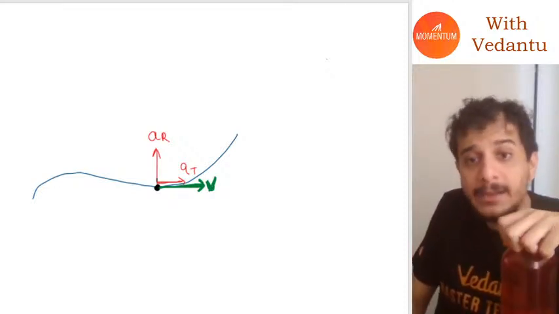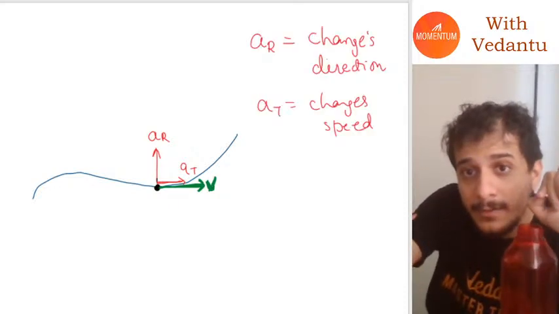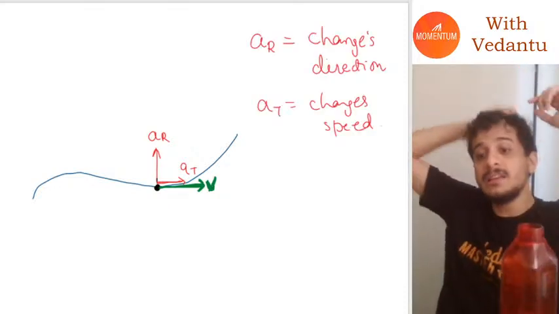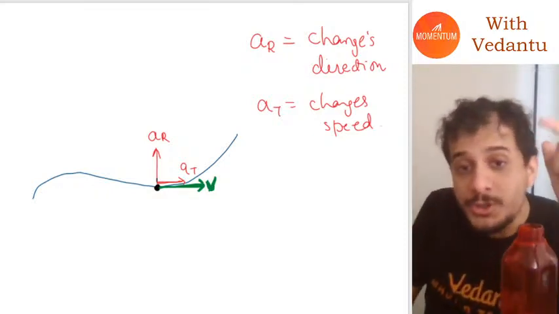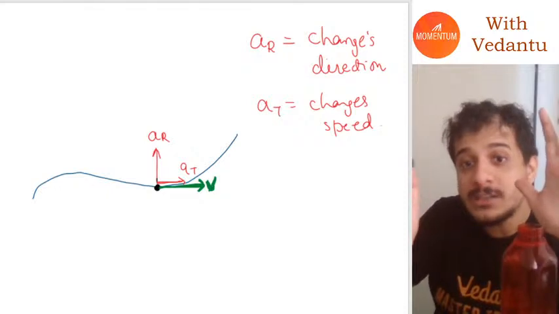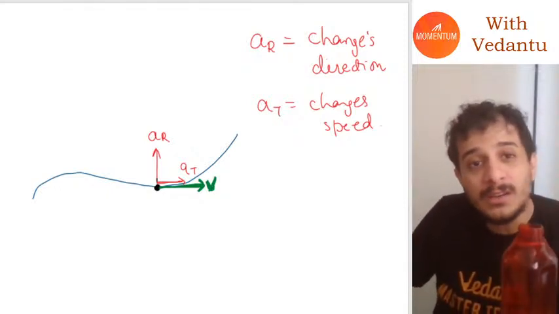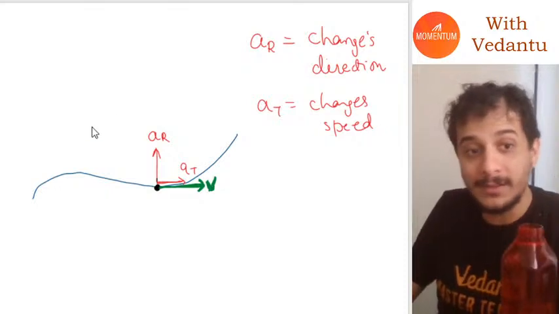The radial acceleration is going to change the direction of motion of this particle, and the tangential acceleration is going to change the speed of this particle. You study this in circular motion, if you have studied that chapter.